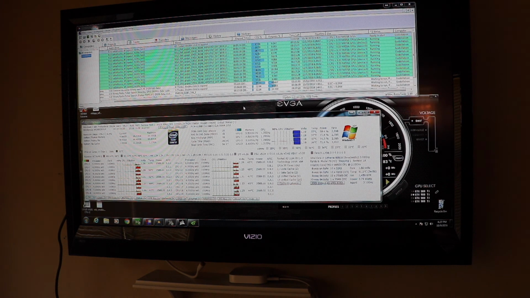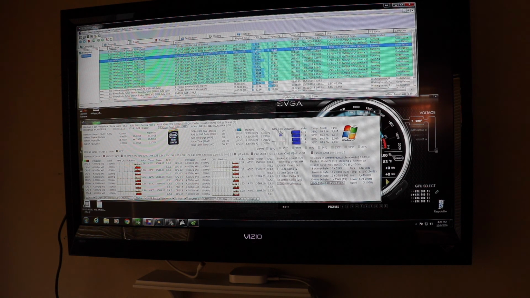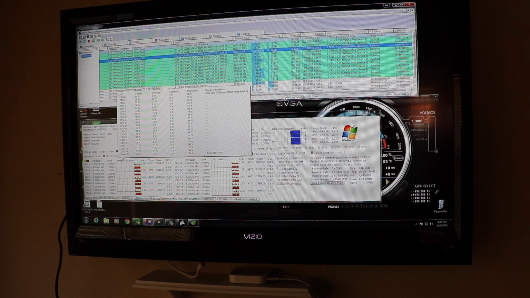So what are we up to here so far? It looks like we're running, let's see, 1, 2, 3, 4, 5, 6, 7, 8, 9, 10, 11, 12. Yep, we're running 12. So as you can see, we're using about 98% GPU utilization, and I'm running about 40%. So I'm running about 8 out of 20 cores.